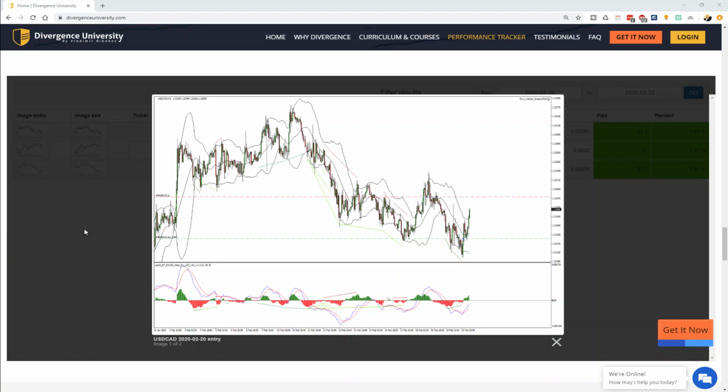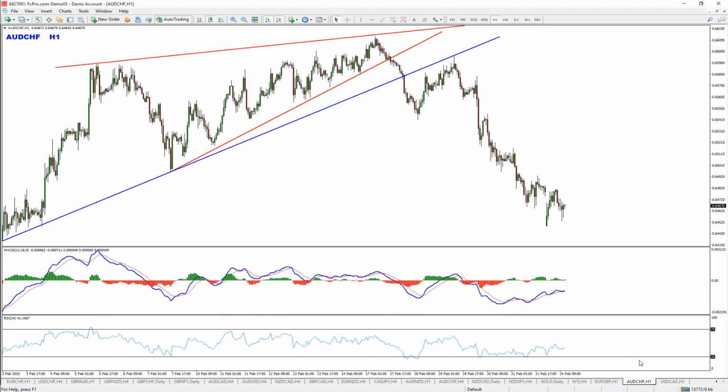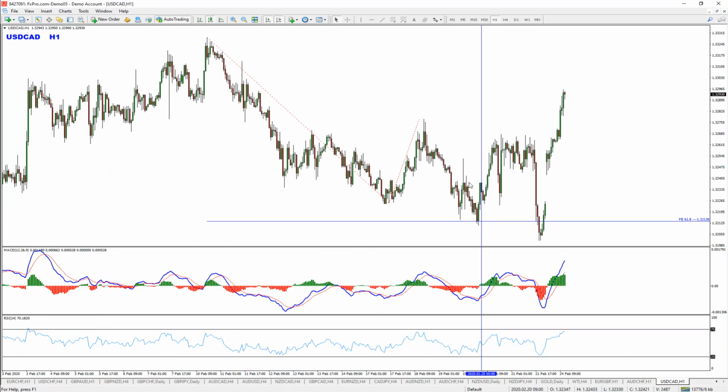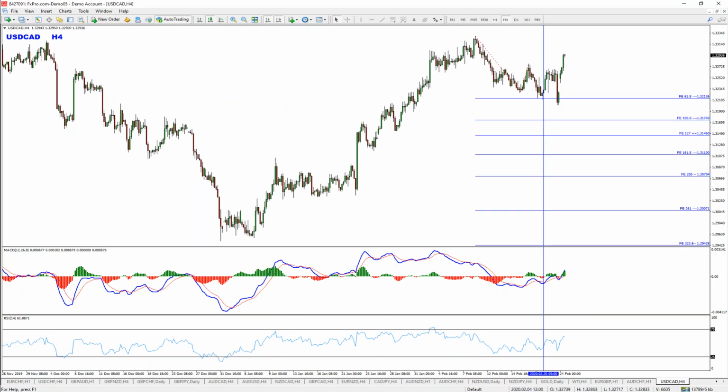Let me also quickly show you the higher time frames in Aussie franc. So pretty much this is where the entry happened, and that's what I was referring to. So this is the big one which reaches 61.2. Clearly we are in a bullish trend, so what we're expecting to see here is continuation after pullbacks.